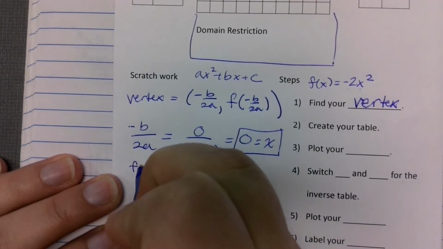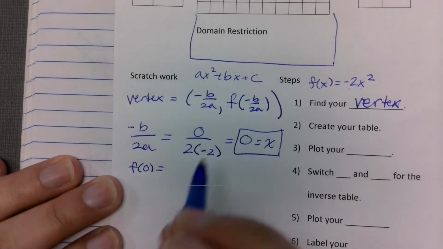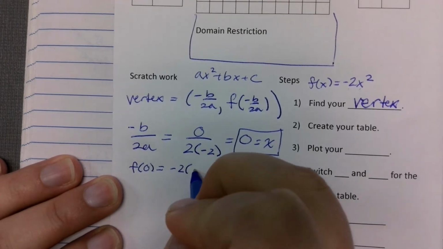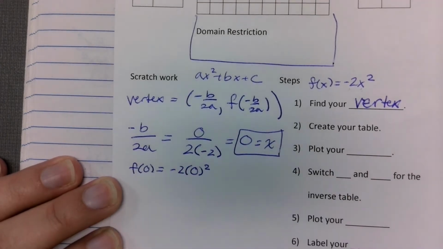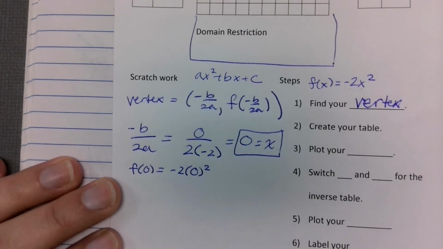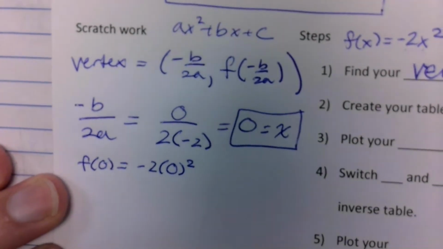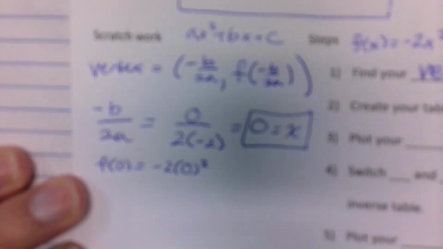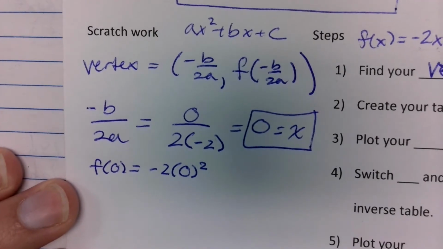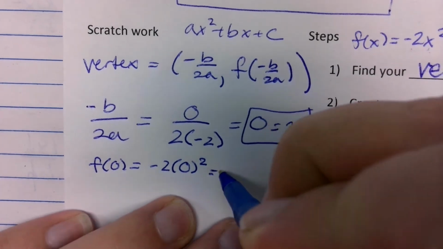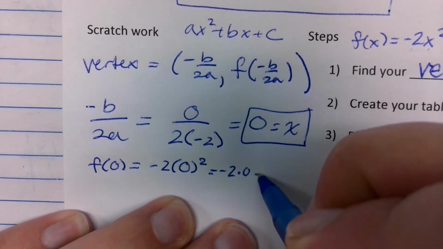So f of 0 is just -2 times 0 squared. Please make sure you put your x in parentheses. What's 0 squared? 0. What's -2 times 0? 0.